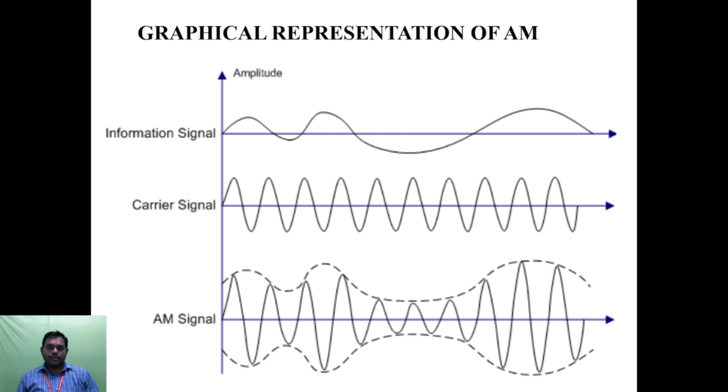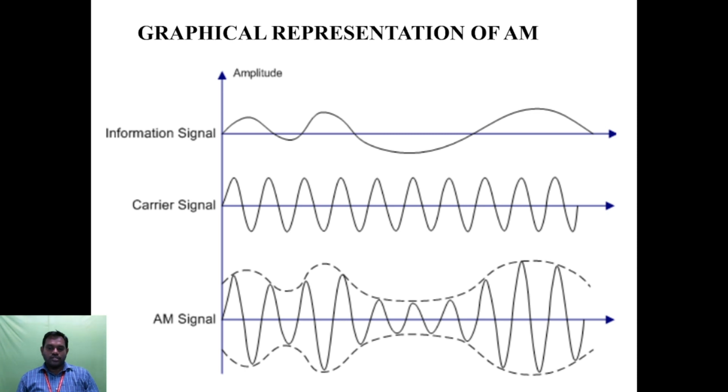So, the graphical representation of amplitude modulation. This graphical representation contains the information signal or message signal, the carrier signal and the amplitude modulated signal. The information signal is a low frequency signal with low amplitude, and a high frequency signal is called the carrier signal.